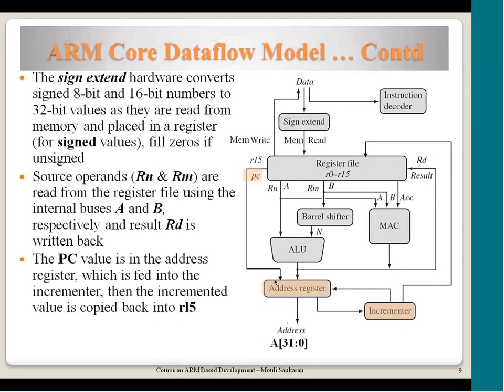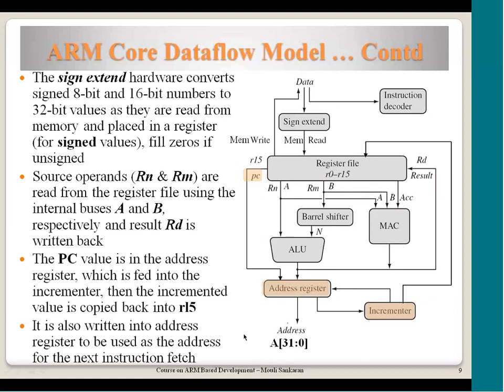So suppose the PC is interested in accessing the instruction stored at address 1000. 1000 is written, and that goes out on the address bus, and the incremented 1004 in the next cycle gets overwritten here, and it also gets written into R15. So after reading the instruction at 1000, 1004 gets written into this, and it can access the instruction stored at 1004. Okay, that's the way an instruction gets accessed.